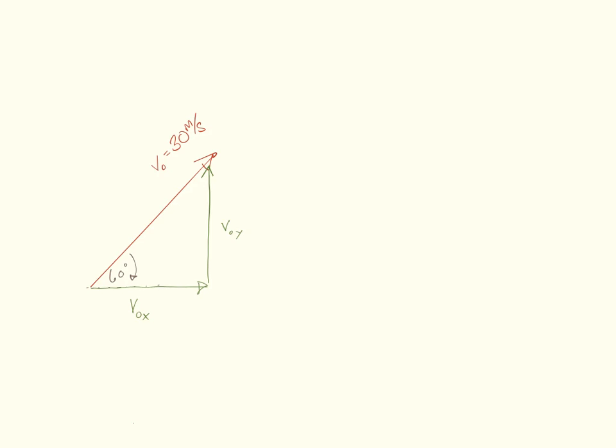So how do I do this? Well, we have a hypotenuse, 30, right? I like to identify my opposite side first. So this is my opposite side, the angle I know. Or I could use 30 degrees and do the opposite. It's okay either way because I know it's a 30, 60, 90 right triangle, because these are x and y components. But I'll just say sine 60 is what?